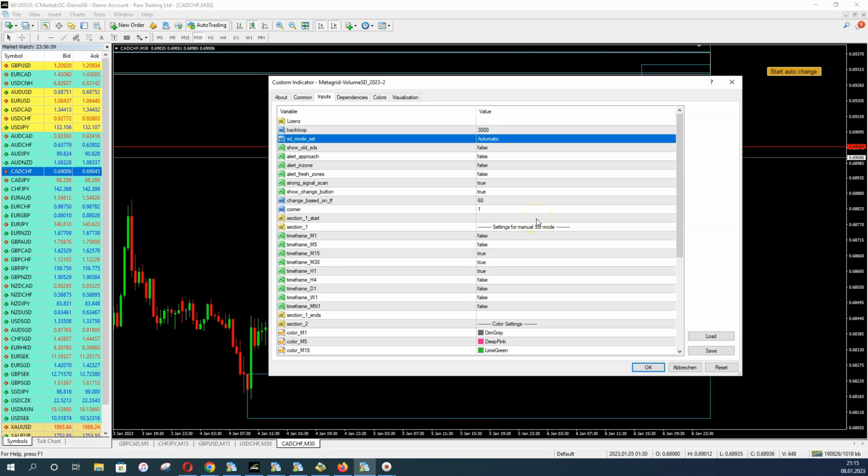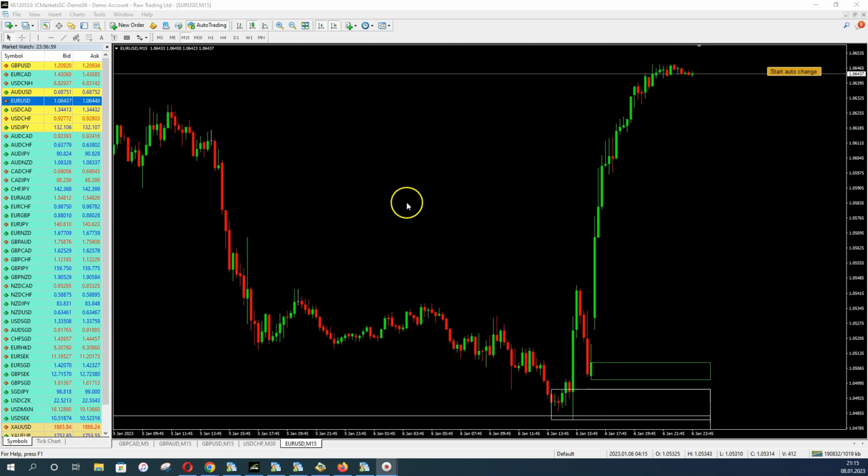Okay, let's see examples. I'm now in the automatic mode on the EUR/USD, and I am on the M15 time frame. And in the automatic mode, the indicator knows you are on the M15, and now it shows you only supply and demand zones which are best to be used on this time frame.